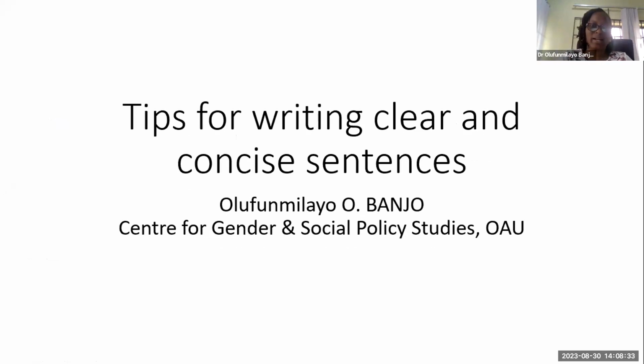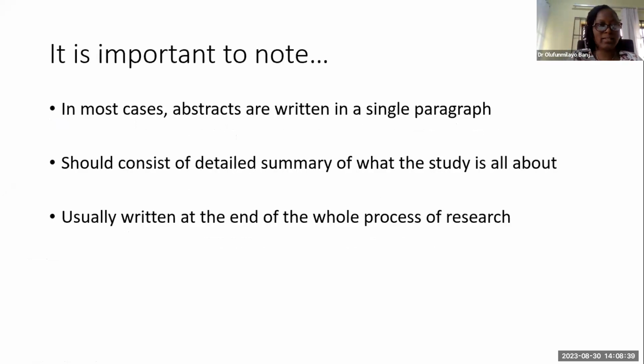Tips for writing clear and concise sentences. We have been told that abstracts, if not structured, are usually written in a single paragraph and should consist of a detailed summary of what the study is all about. No redundant statements.